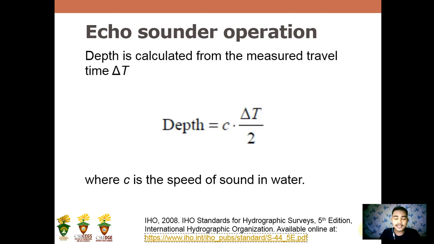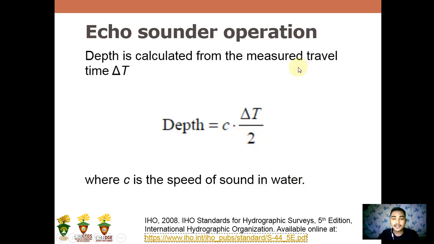Here is the illustration of how the depth is calculated from the measured travel time, which is denoted as change in T. The formula to get the depth is C times the change in time over 2, where C is the speed of sound in water. So depth equals change in T over 2 times the speed of sound in water. Why divided by 2?